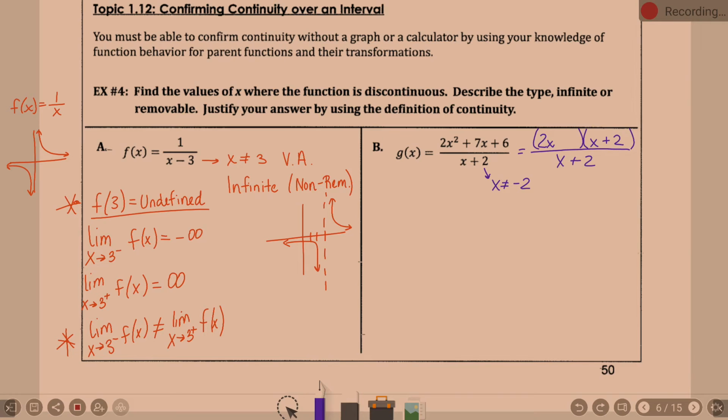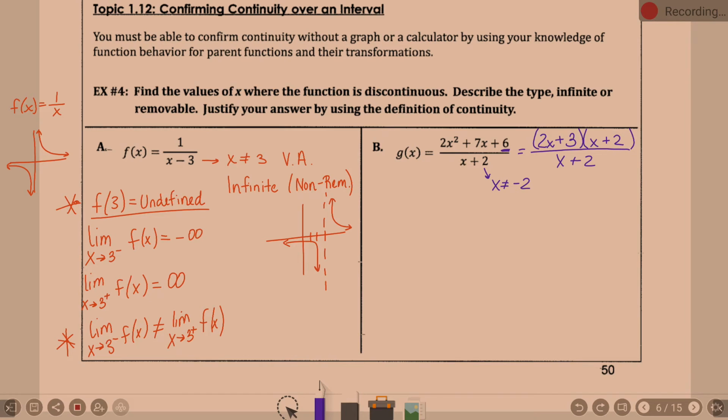If this is an x plus 2, well, what do my values have to multiply to be? 6. So that means this is 2 and this is 3. Everything is positive, so positive. Now, can you do a quick mental FOIL on top to make sure it worked? 2x squared, 4x, 3x is 7x, and 6. Okay?